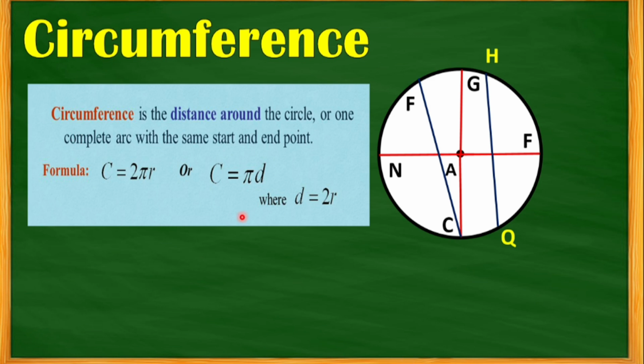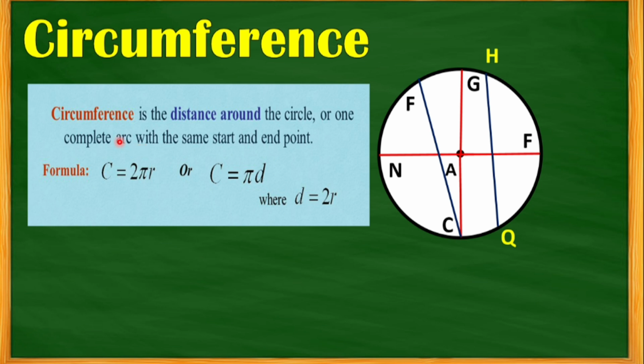And let's proceed to circumference. When you say circumference, it is the distance around the circle, or one complete arc with the same start and end point. So if I start from this one, going to this one, this would be the total distance around the circle.